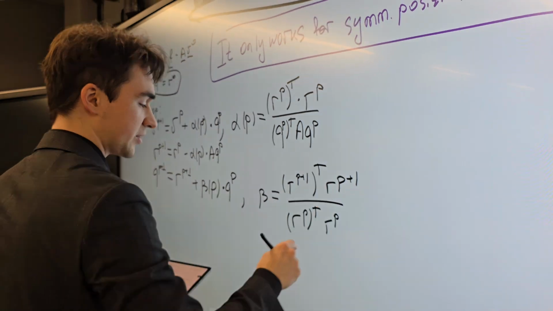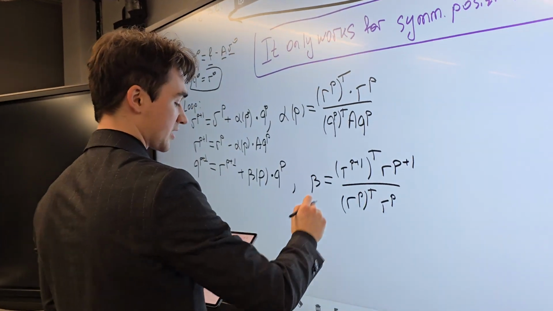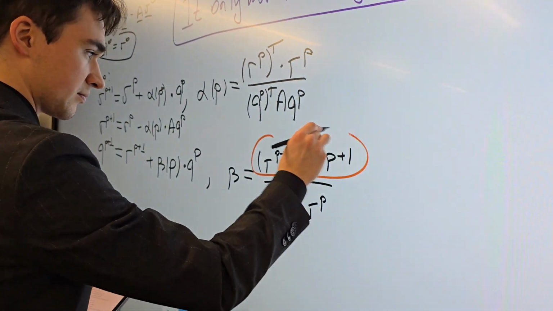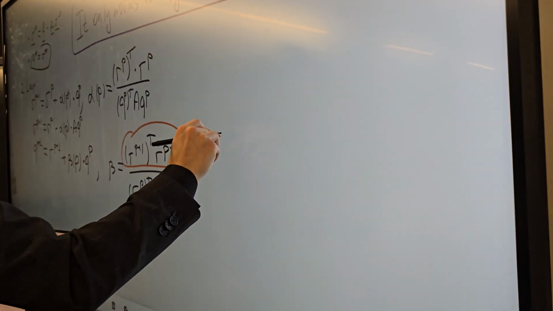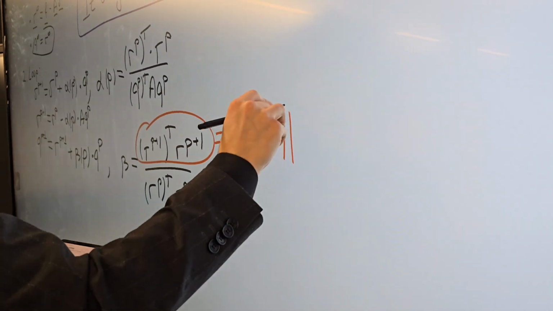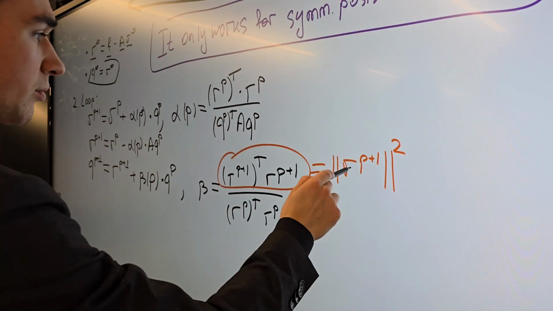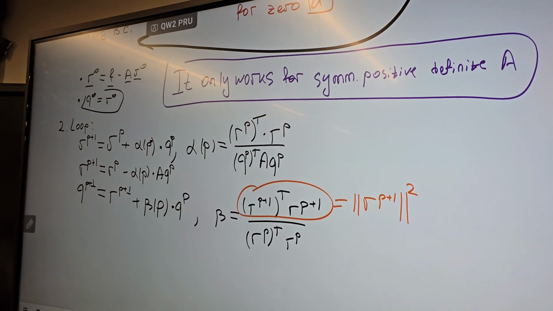And I will repeat one more time that this expression is actually just the Euclidean norm of vector r at iteration p plus 1. And actually, that's the whole algorithm.